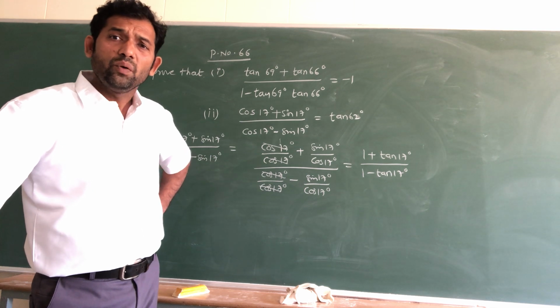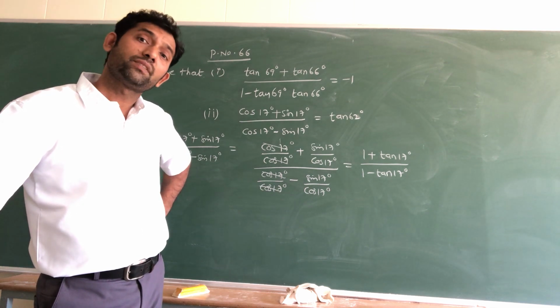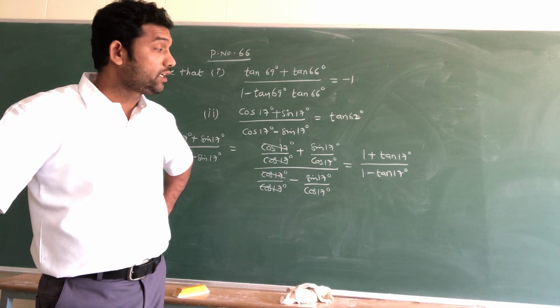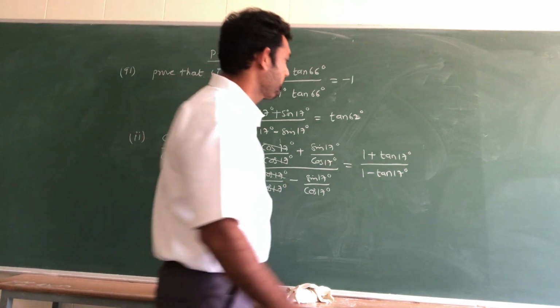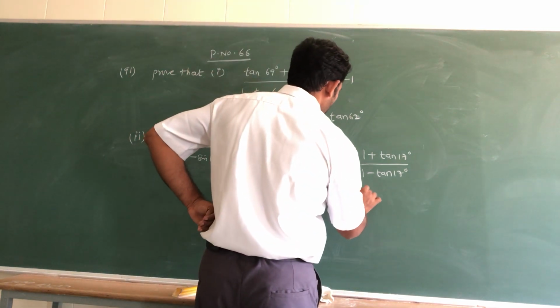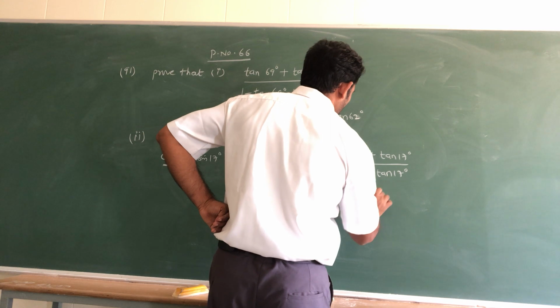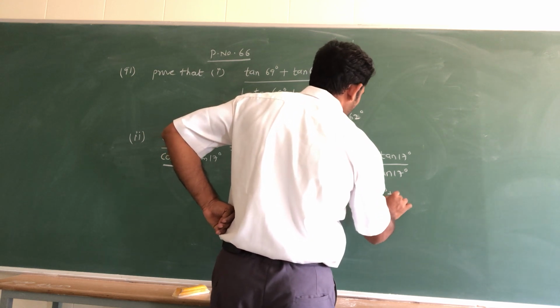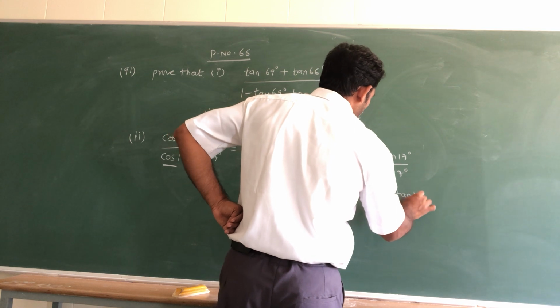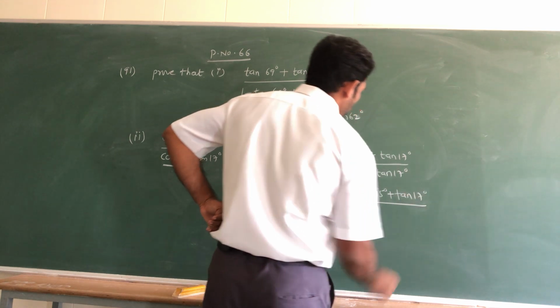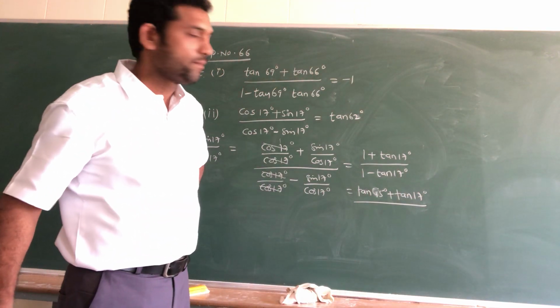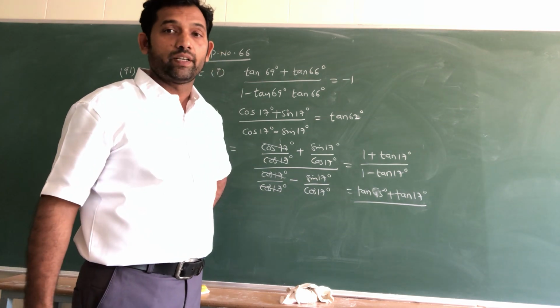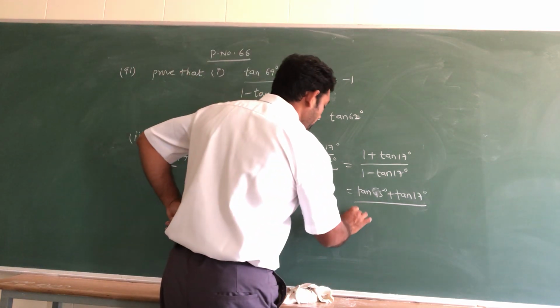So 1 can be written as what in terms of tan? Tan pi by 4 means 45 degrees. Tan 45 degrees plus tan 17 degrees. So 1 can be written as tan 45 degrees in numerator.